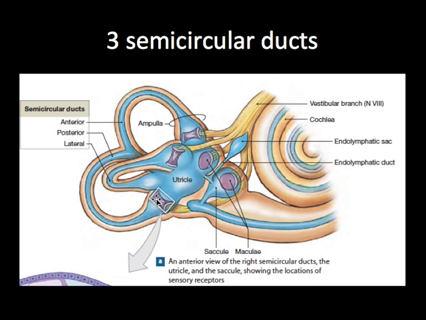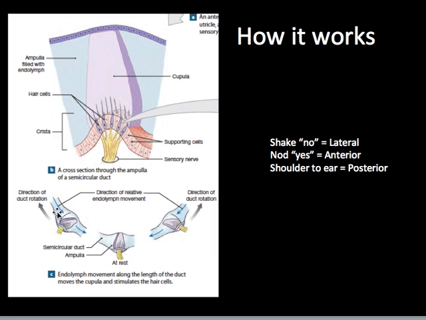It's going to knock onto the structure over here, causing the structure to move from its straight point, and that's going to trigger the hair cells to send the brain a signal saying, hey, there's this movement in this particular plane.